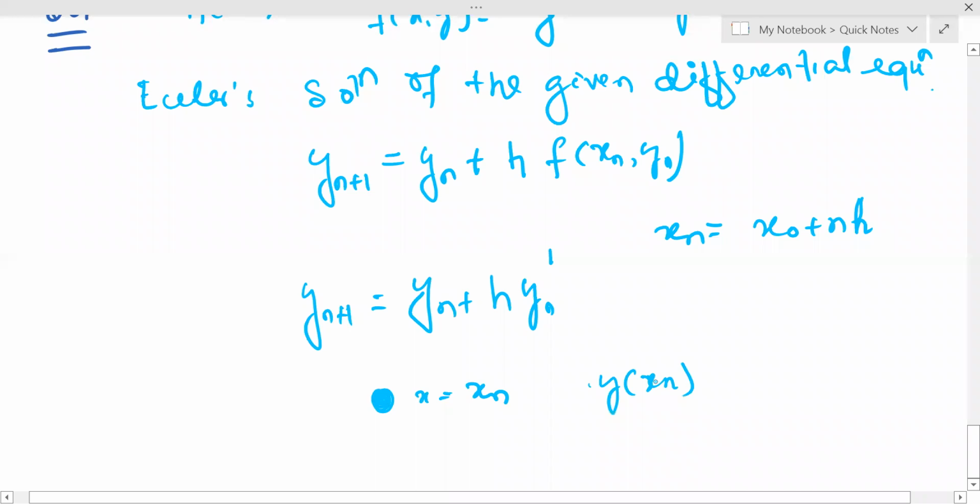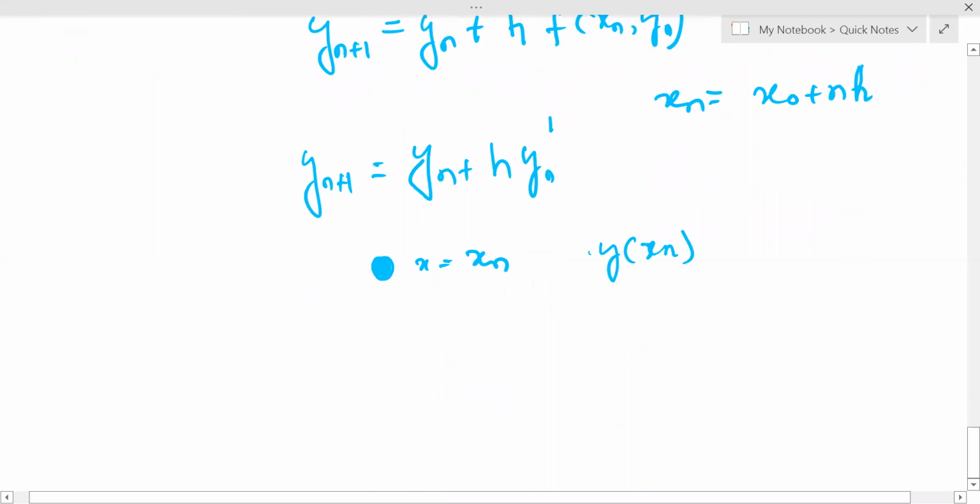We need to find the exact solution at the point x is equal to xn, so that we can expand by Taylor series expansion.